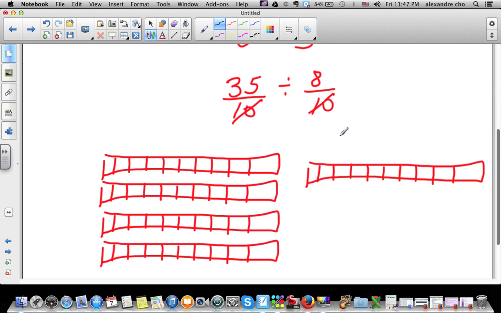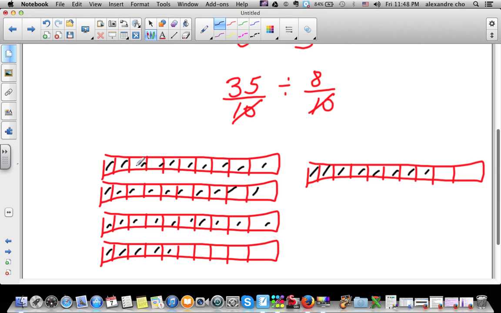So how many 8/10 can fit in 35 tenths? I'll count to 35. There you go. 35 pieces, and they're all 1/10.